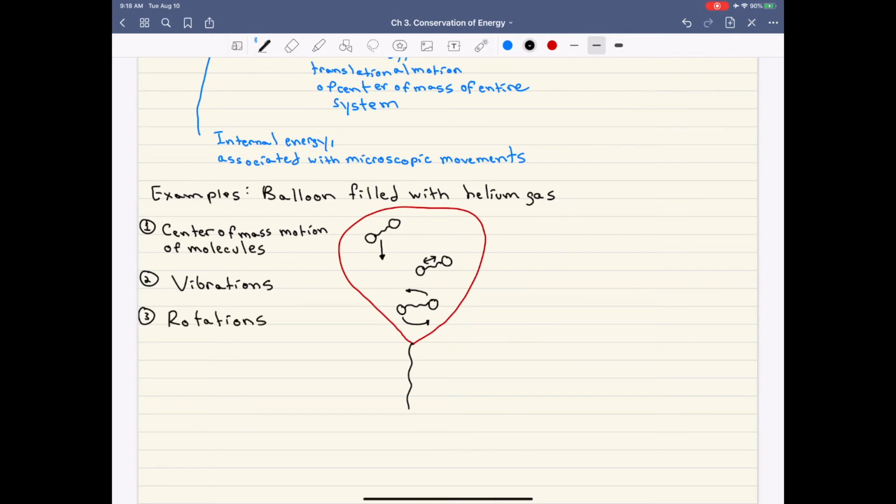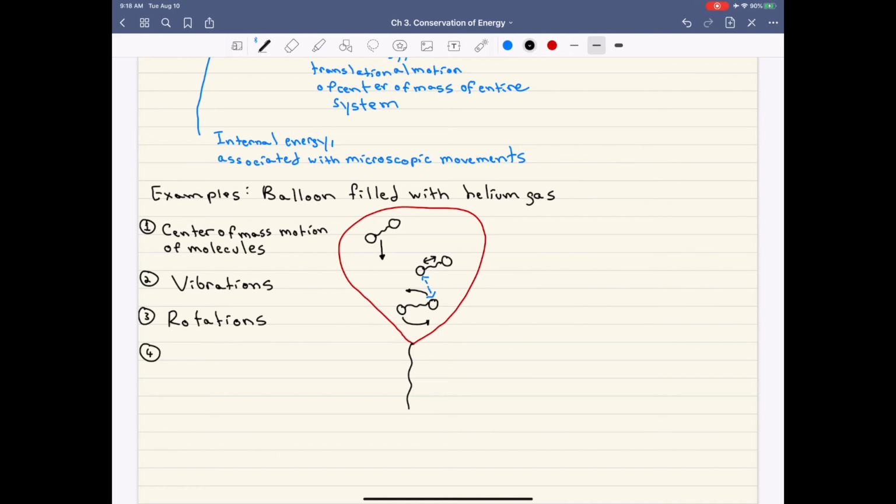And the last microscopic movement I want to talk about isn't so much a type of movement, but more describing how the molecules see each other, or in more general terms, the interactions between molecules. As you learned in your general chemistry course, and even in physics 2, molecules could interact with each other in a repulsive manner or in an attractive manner.